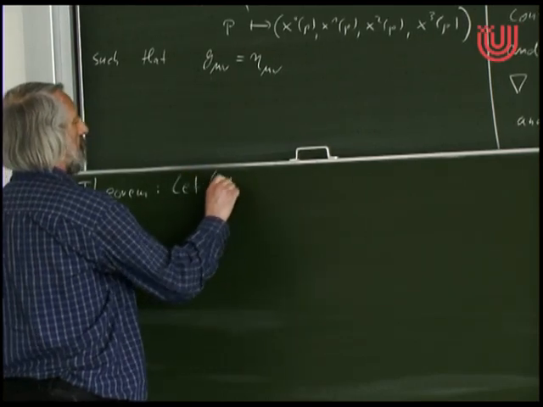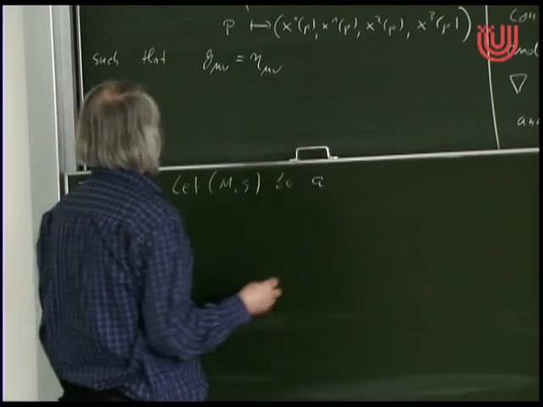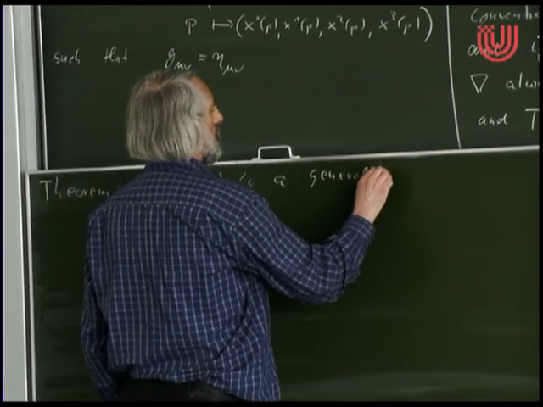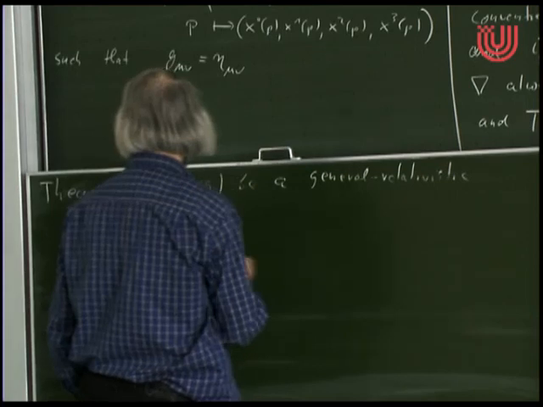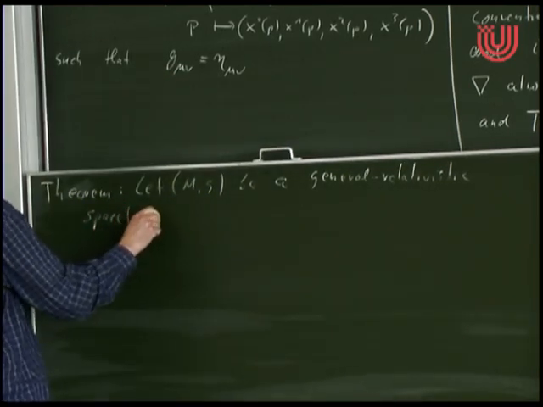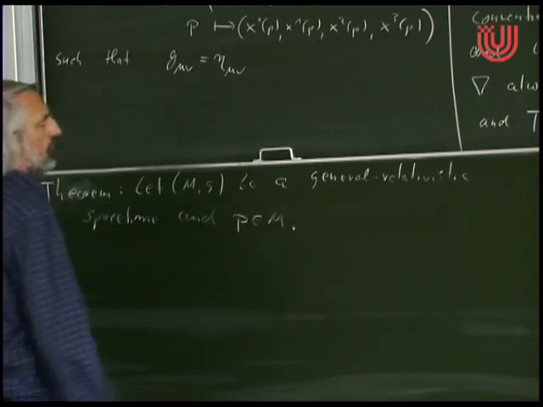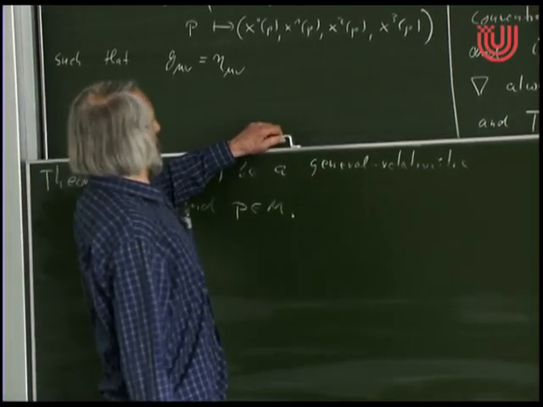Let Mg be a spacetime, a general relativistic spacetime, and fix a point P in M. You may choose any point, but it only works at one point.